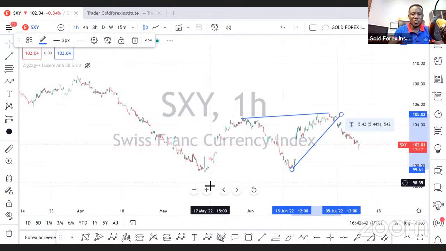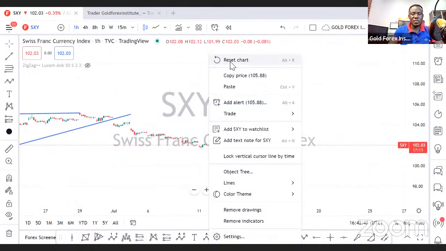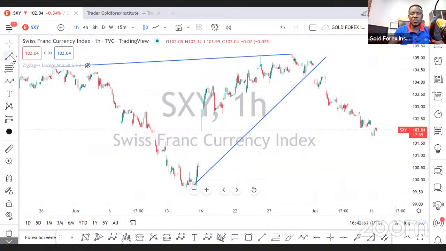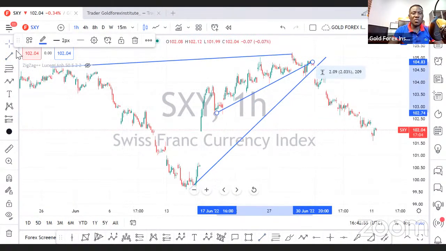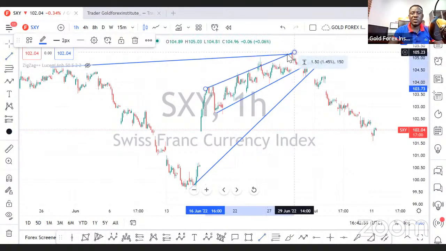Getting to the end of the move, we saw an ending diagonal over there. You can call it a rising wedge or anything. So this was more like an ending diagonal.